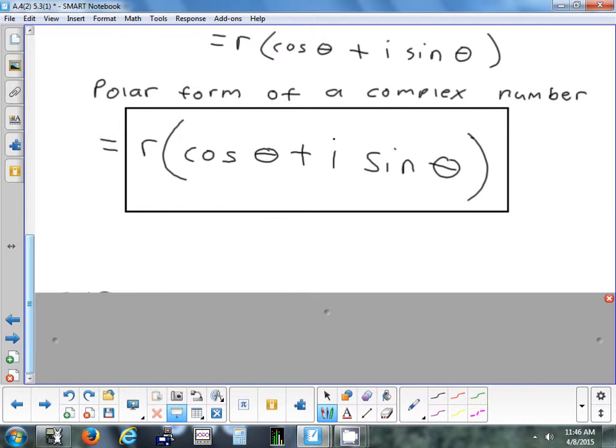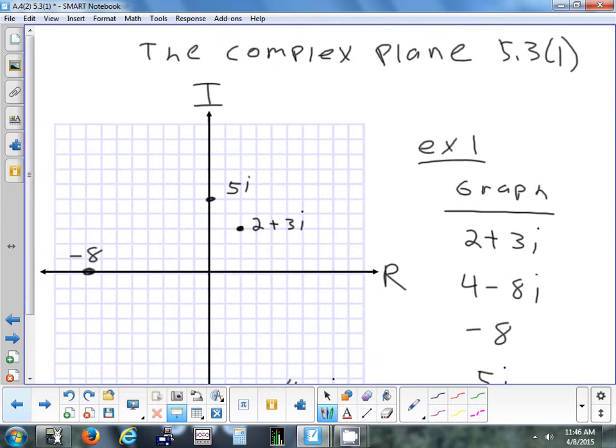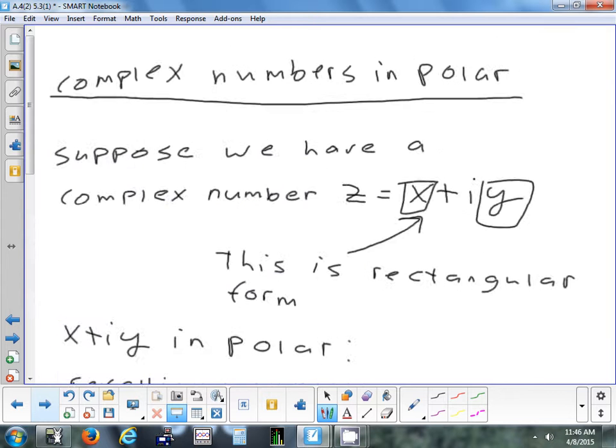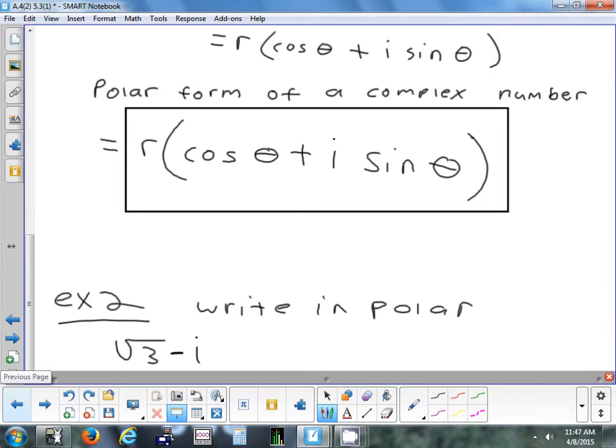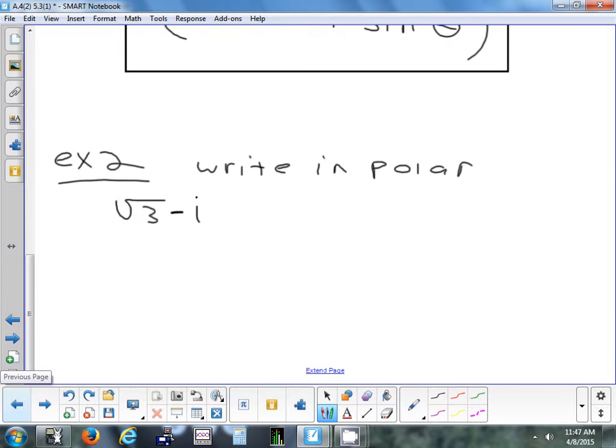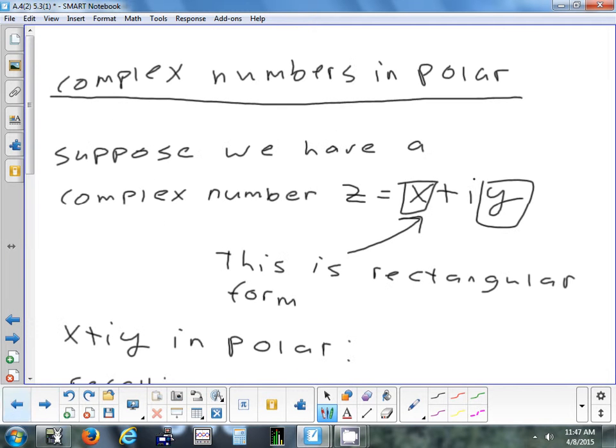The only thing you want to be careful about is what quadrants you have to add 180. If your angle is in quadrants 2 or 3, you have to add 180. How would you know if it's in 2 or 3? Graph the point. Look at the quadrant it ends up in. That's why we practice this graphing. All right, so let's try writing this number in polar.